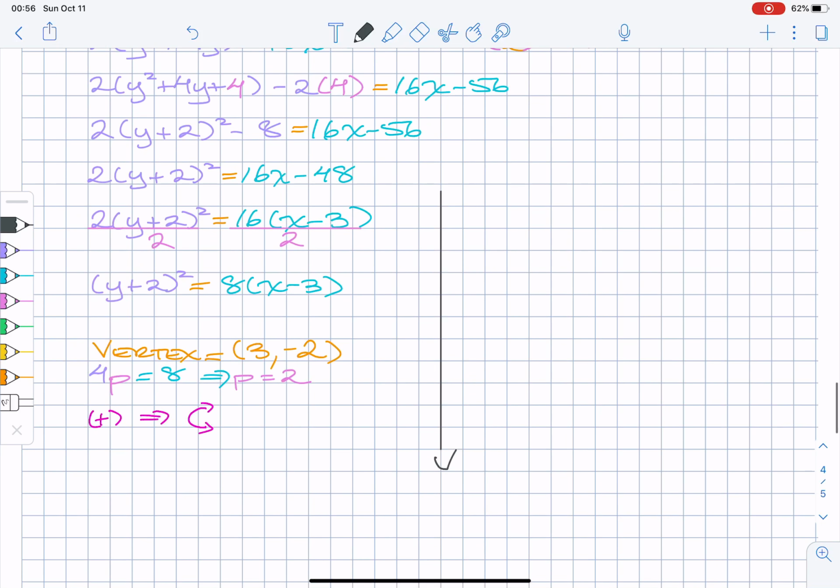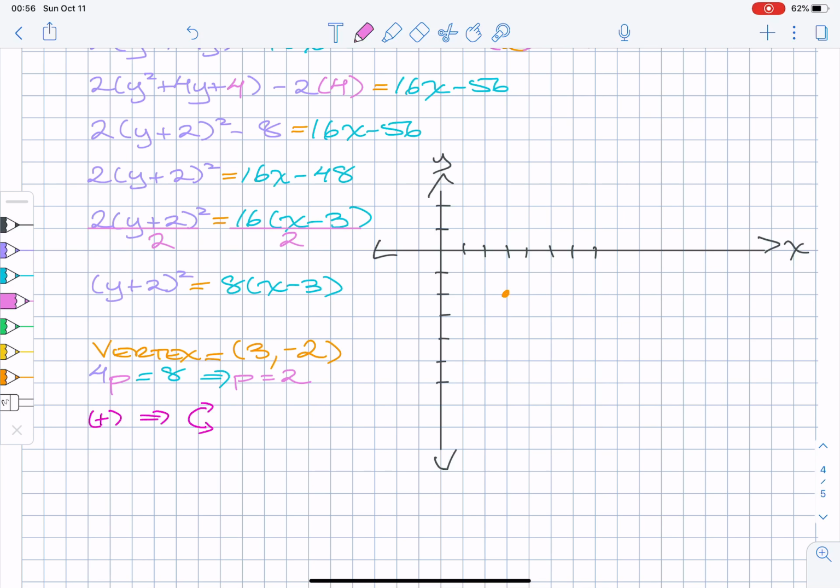X and y coordinate axes. 1, 2, 3, 4, 5, 6, 7. 1, 2, 1, 2, 3, 4, 5, 6. Okay, so my vertex is at 3, negative 2.